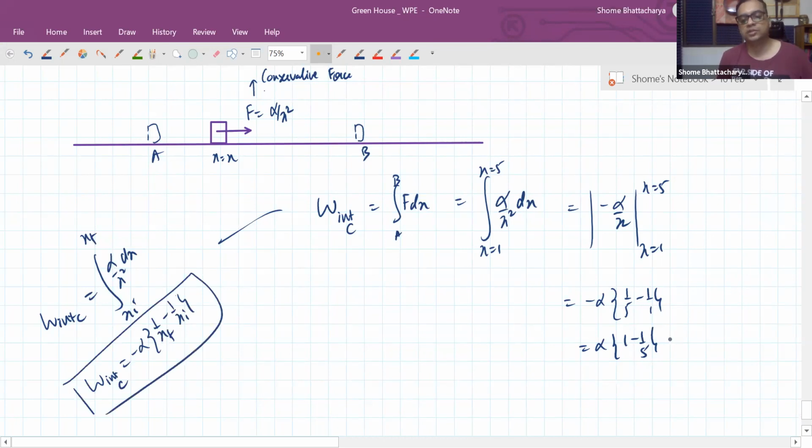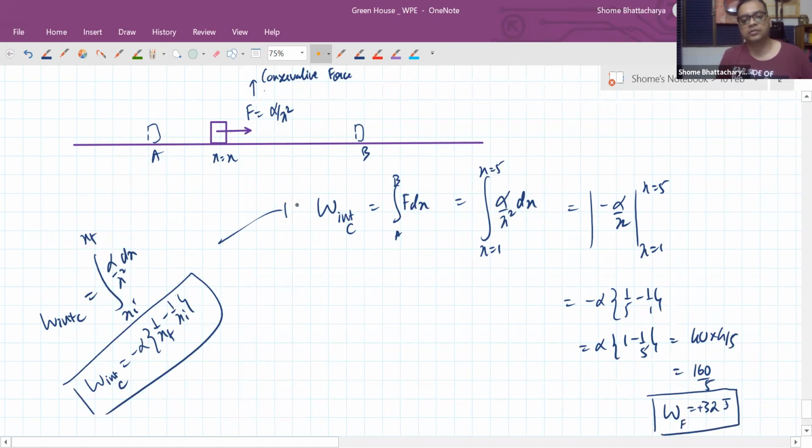So this is becoming 40 into 4 by 5, so 160 by 5, or 32 joules. So positive 32 joules is the work done by the force F.